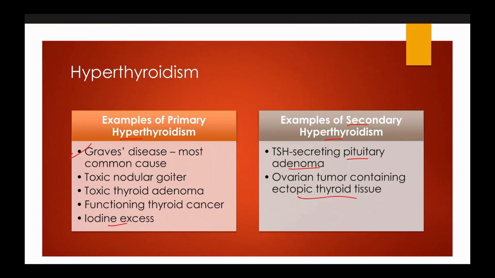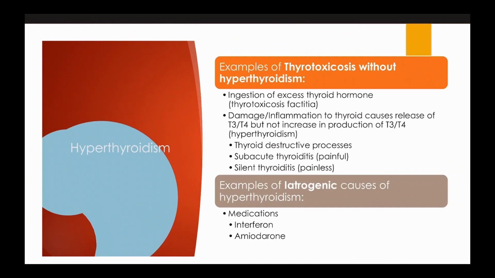So an ovarian tumor that just for some reason has thyroid tissue there, and it's pumping out T4 and T3. So toxicosis without hyperthyroidism, again, you're taking excess thyroid hormone. You have damage or inflammation to the thyroid that just causes a lot of release of T4, T3, but it doesn't increase the production.